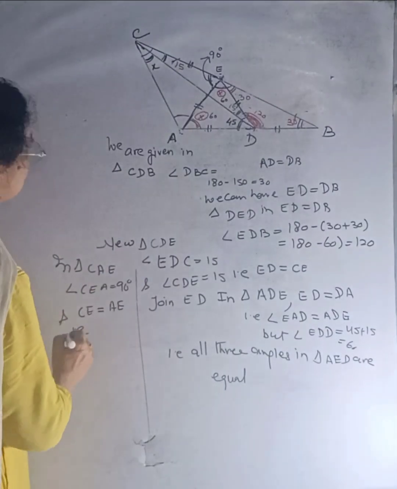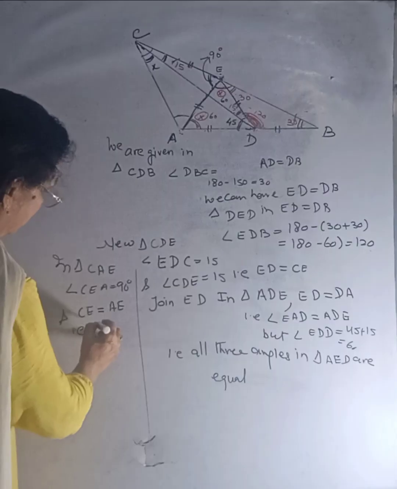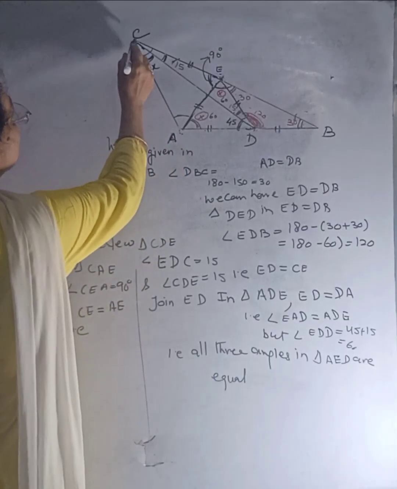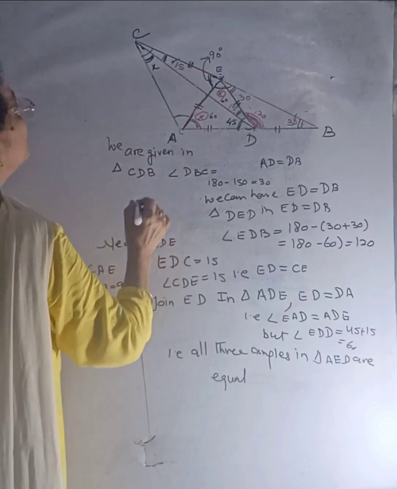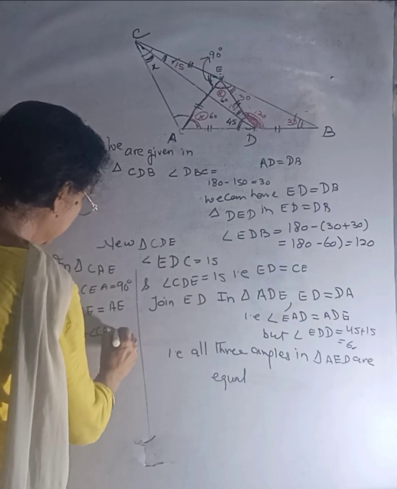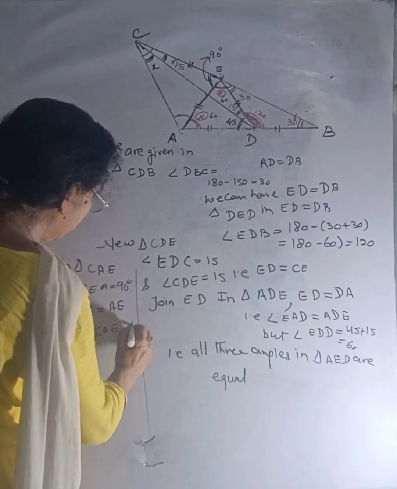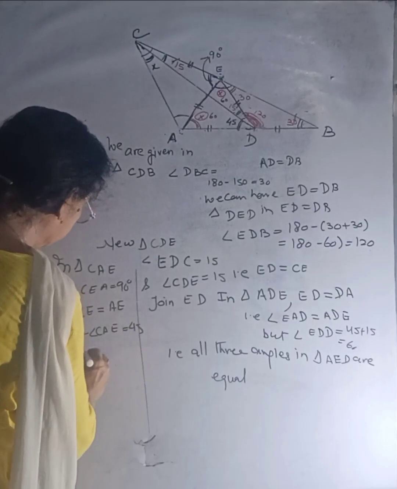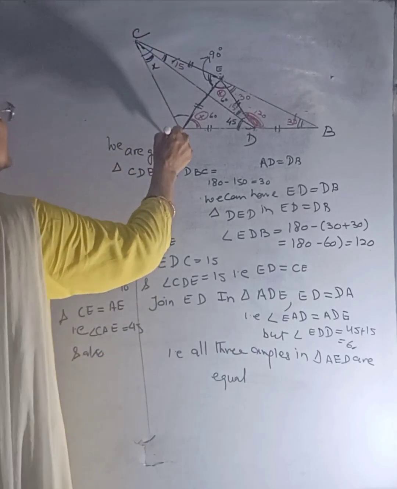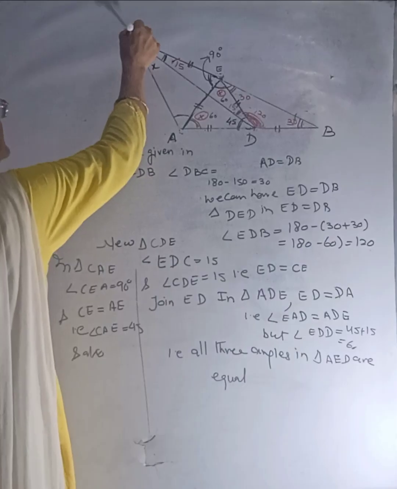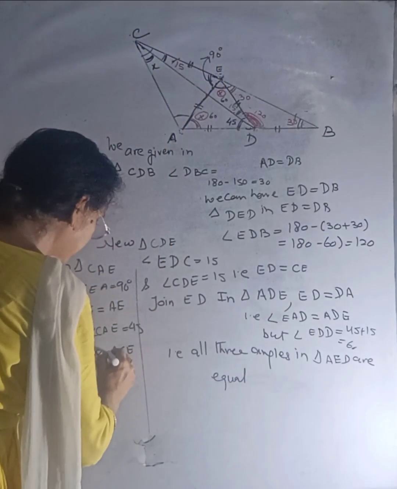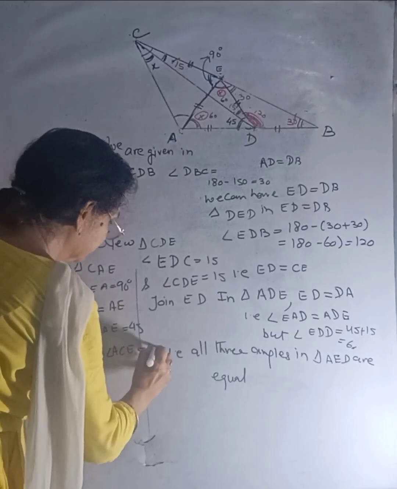It means angle CAE will be equal to 45. Angle CAE, this will be 45, and also angle ACE will be also 45.